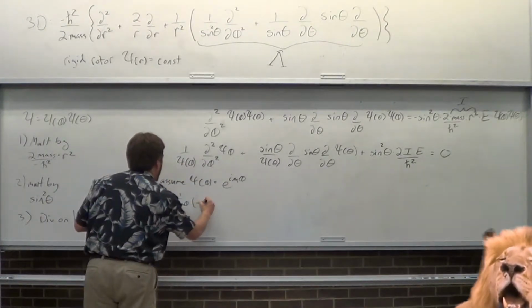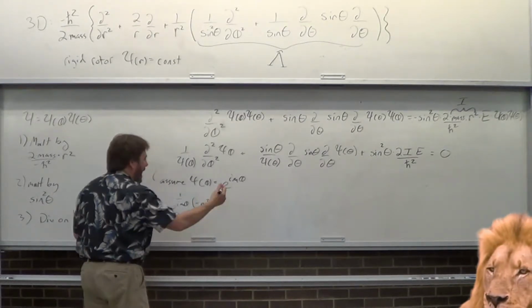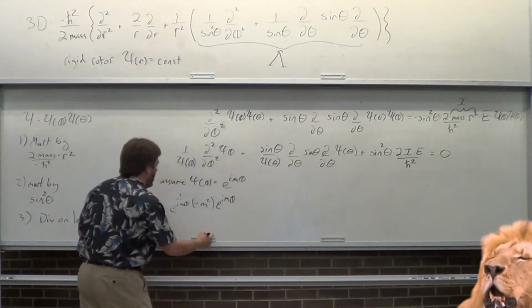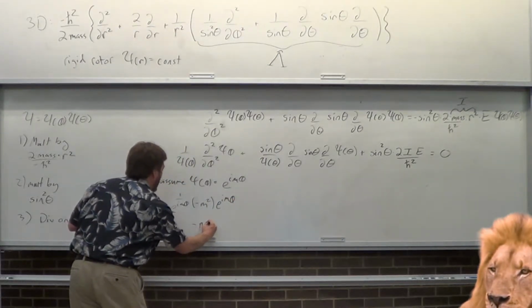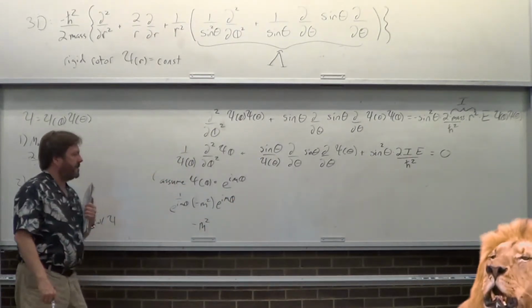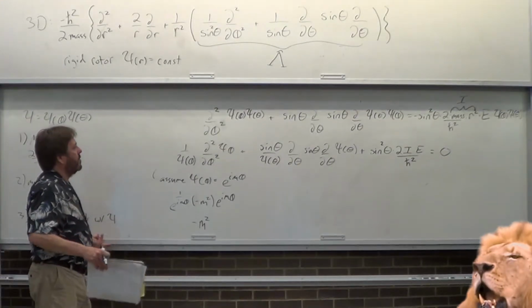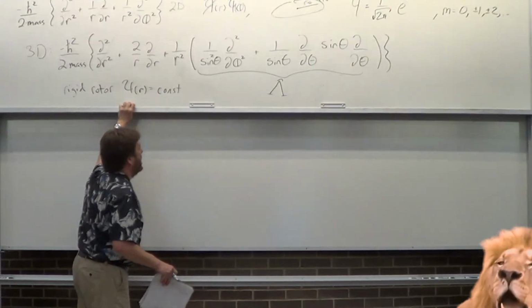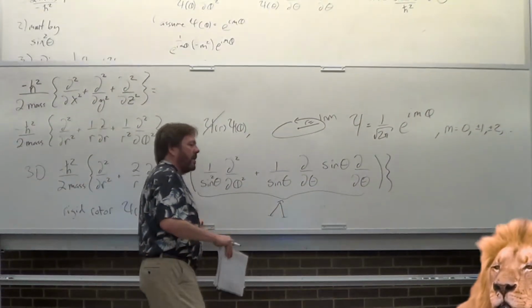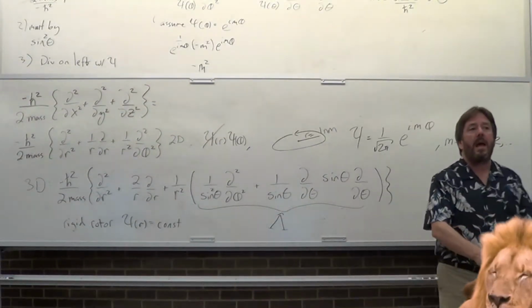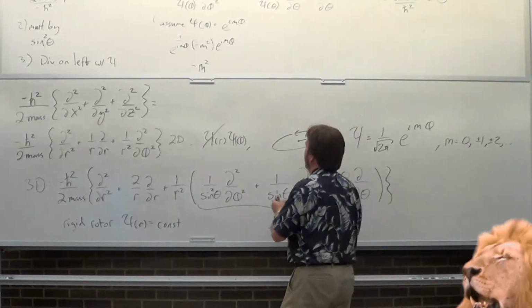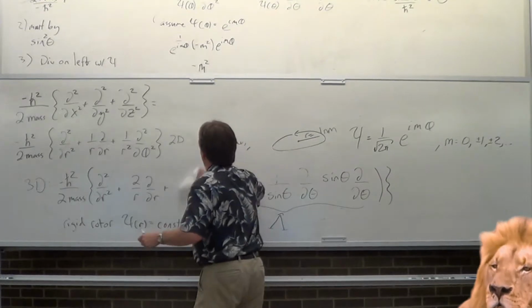Right, i squared m squared, e to the i m phi, which is just minus m squared. Okay, so now I'm going to toss up the board and continue downward. I'm almost done, because I'm whittling this down into the smallest possible form. Here, I'll write it down again.